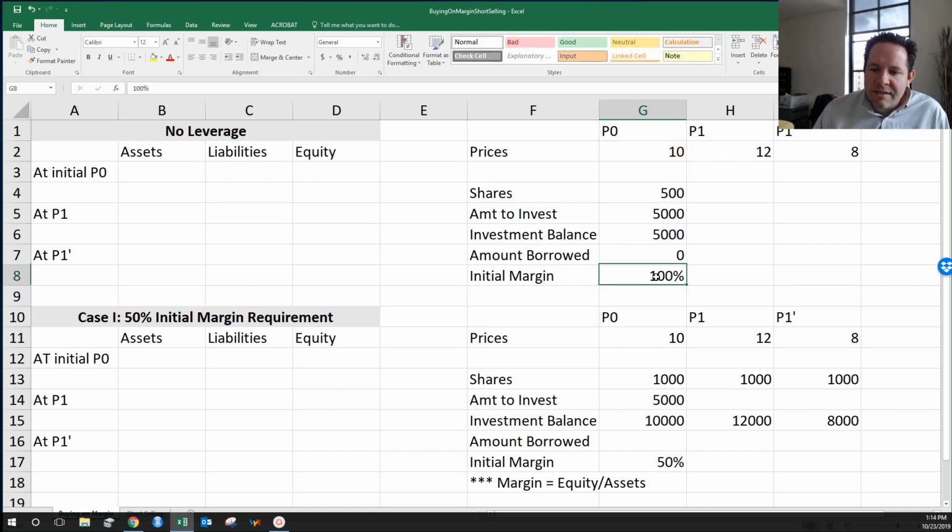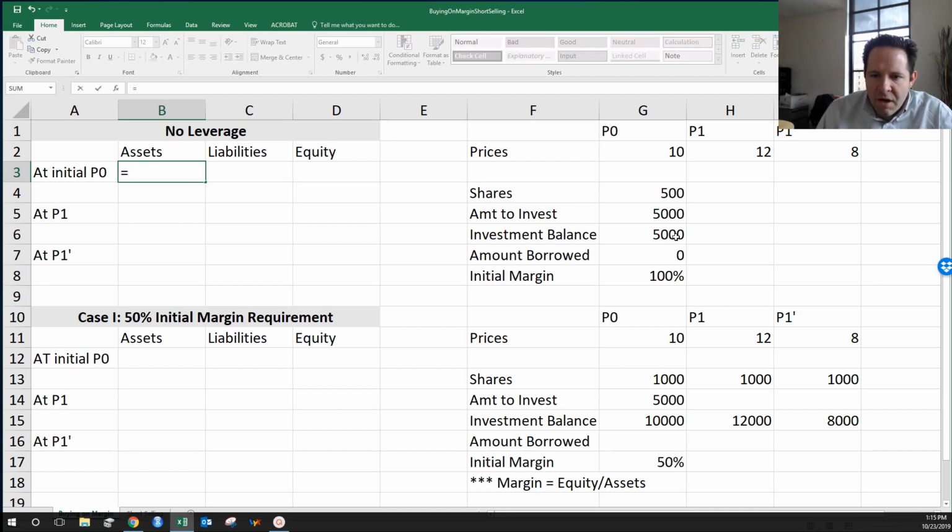So let's take the next step. Actually, not the next step, apologies. We want to fill in the balance sheet, and we want to be almost pedantic about this. What are the initial assets that you have in this portfolio?